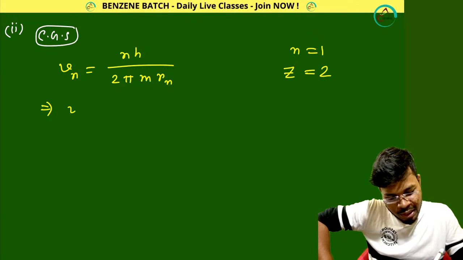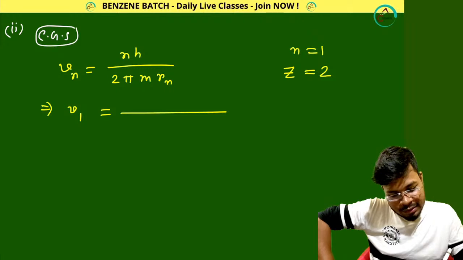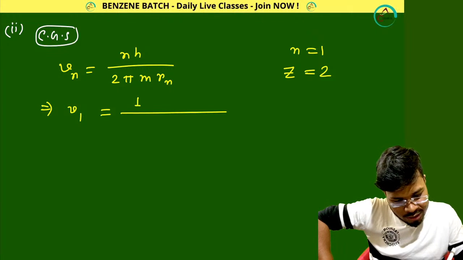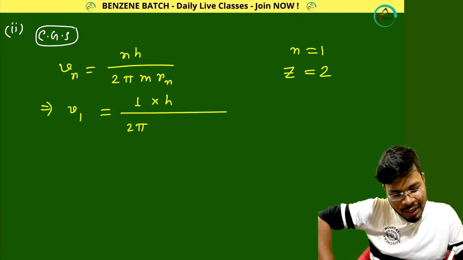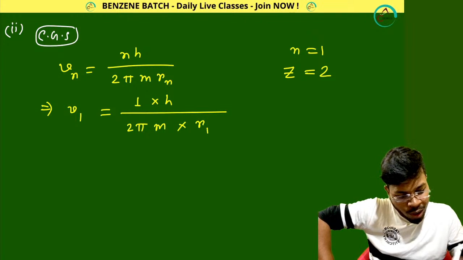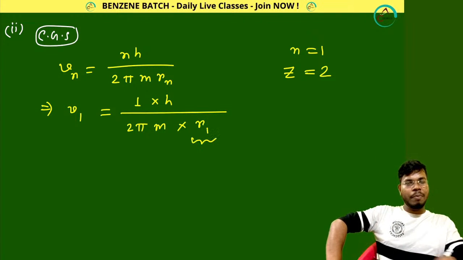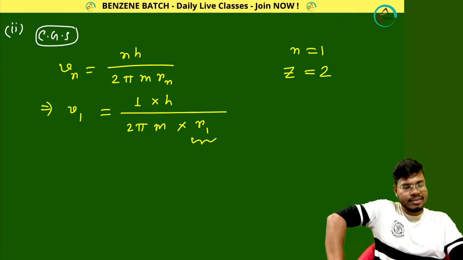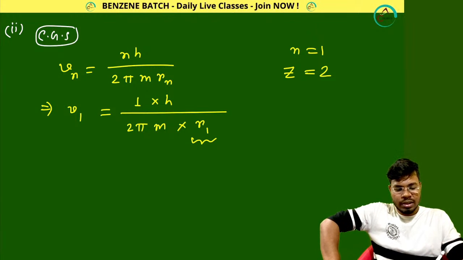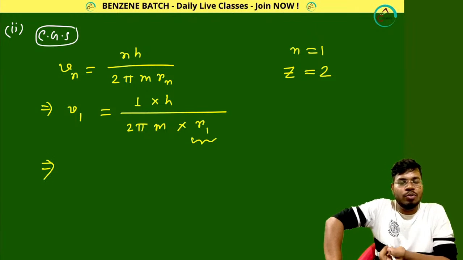So let me put v1 is equal to 1 into h over 2 pi times mass of electron multiplied by r1. I already know the value of r1 in both CGS and SI units. I will just put the value of r1. Why would I calculate again?